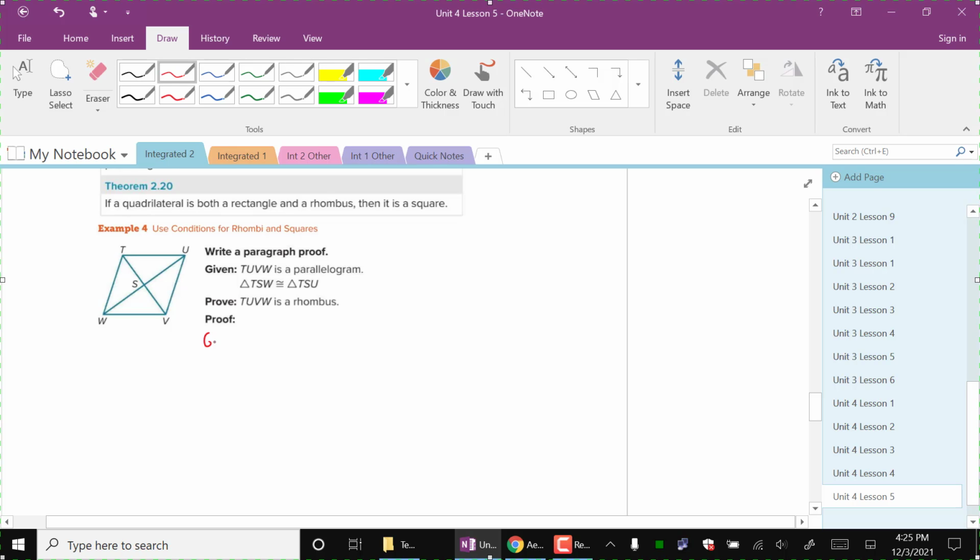So again, given that triangle TSW is congruent to triangle TSU, it must be true that the line segment WT is going to be congruent with the line segment UT. So WT is going to be congruent with UT.